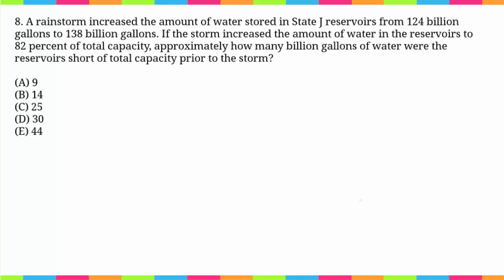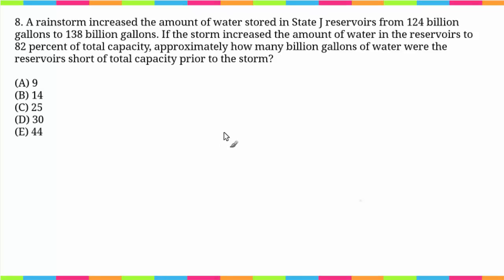Okay, so just to put this problem in plain English, basically we started out with a reservoir of 124 billion gallons. It rained, which then increased the amount of gallons of water to 138 billion, which is equal to 82% of the total capacity. Now we want to find how many billion gallons of water the reservoirs were short of total capacity before it rained.